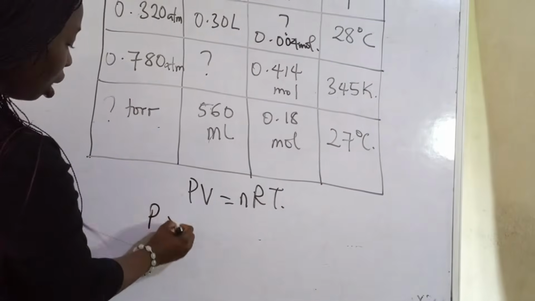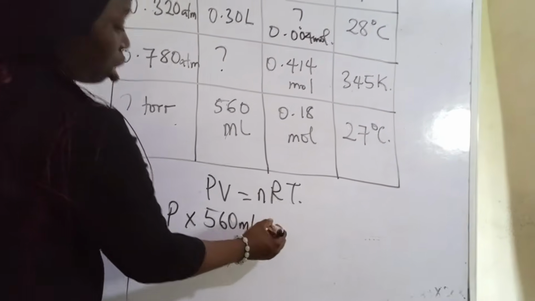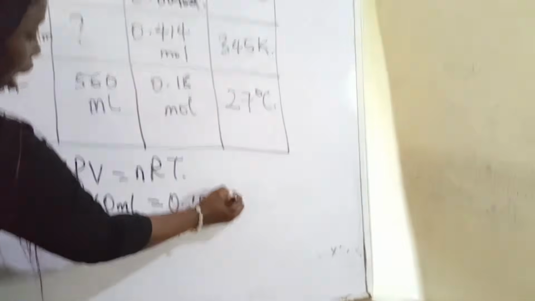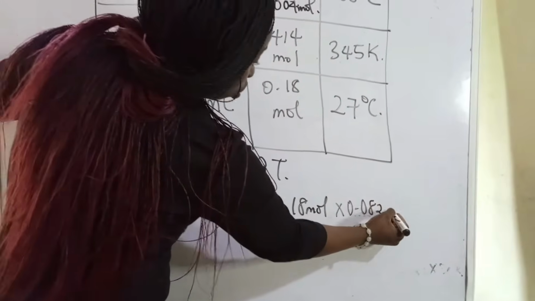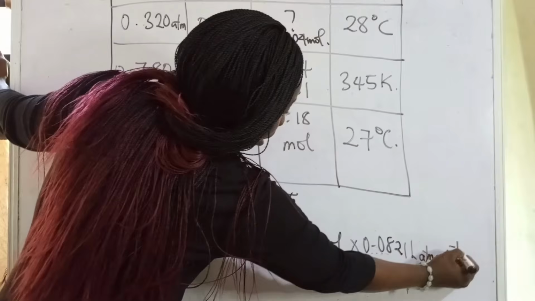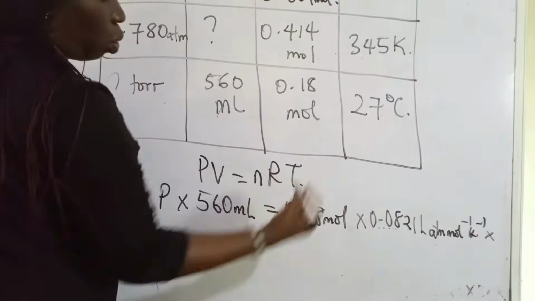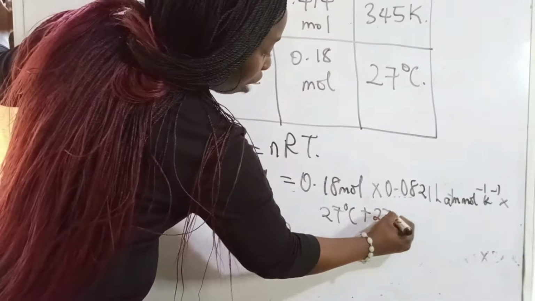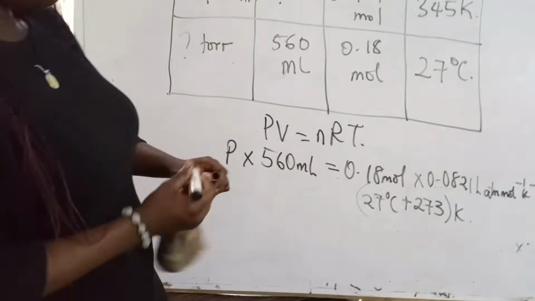We have P times 560 mL equals the number of moles, which is 0.18 mole, times your R value, which is 0.0821 liter atm per mole per Kelvin, times your temperature. Your temperature is 27 degrees Celsius plus 273 in Kelvin.